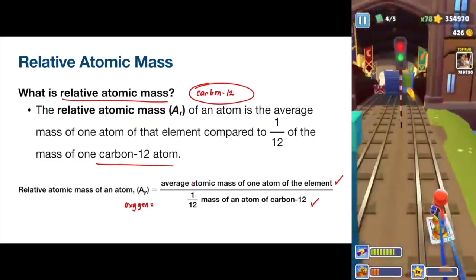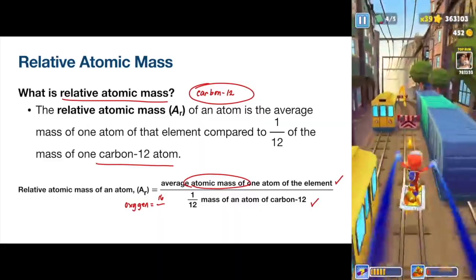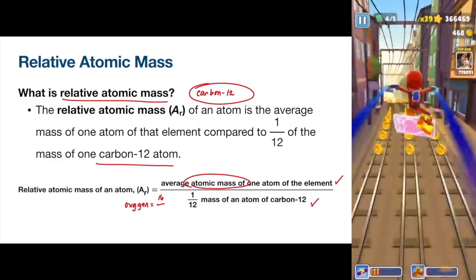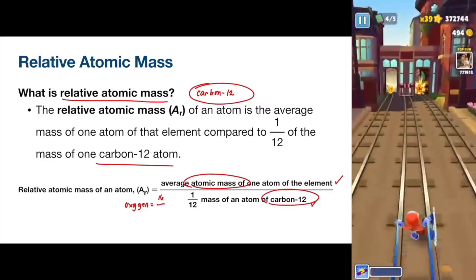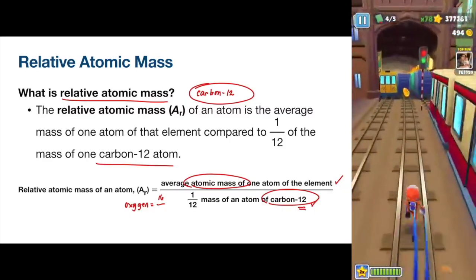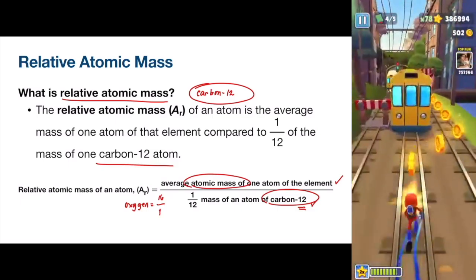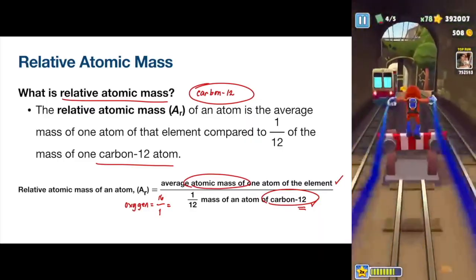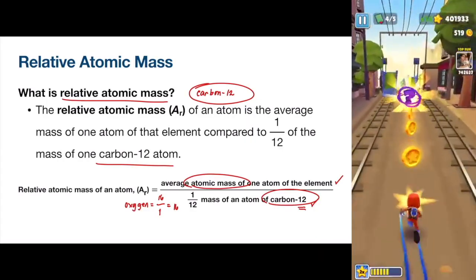We know that the atomic mass of oxygen is equal to 16, divided by 1/12 of the mass of an atom of carbon-12. And what is the mass of carbon-12? It is equal to 12. And 1/12 of that is just equal to 1. So therefore, the relative atomic mass of oxygen is just 16.